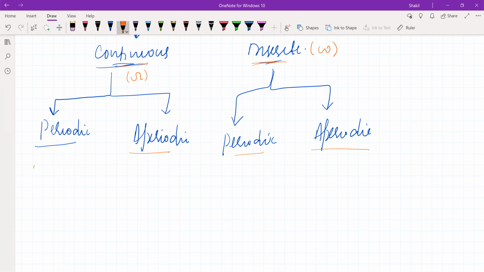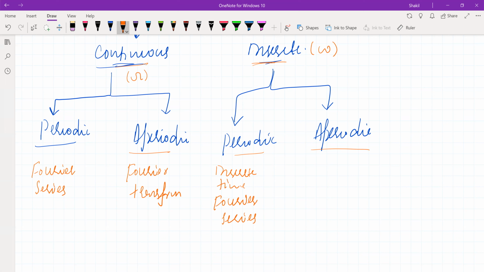Now, if it is continuous and periodic, the representation is simply called Fourier series. So we use Fourier series for these signals. If it is continuous but aperiodic, the Fourier representation is called Fourier Transform. In the same way, if it is discrete but periodic, it is referred to as discrete time Fourier series.